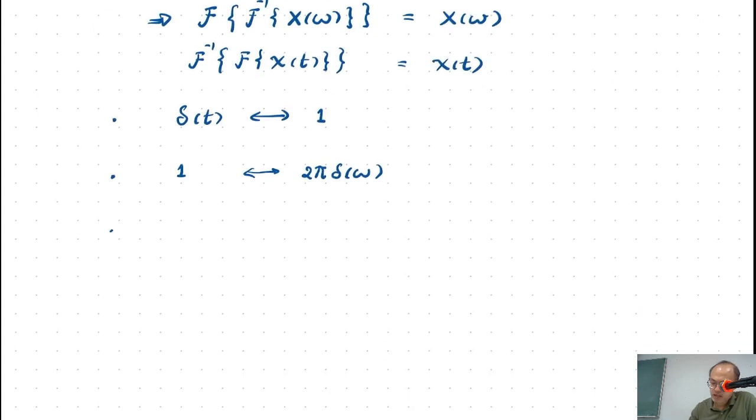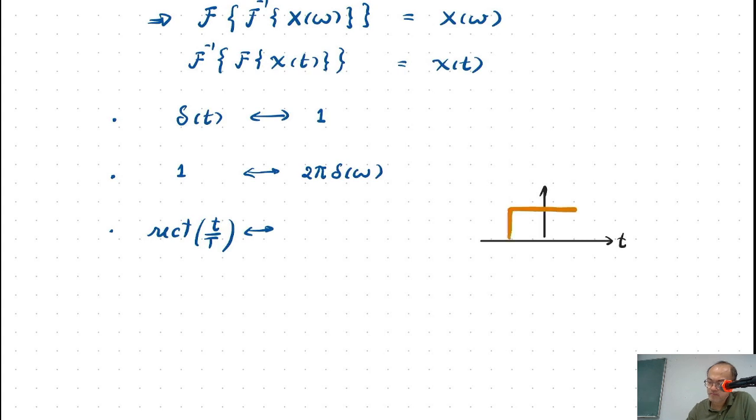Okay, and the rectangular pulse signal of width T. With T, I mean this notation means the rectangular pulse signal that goes from minus T over 2 to T over 2.